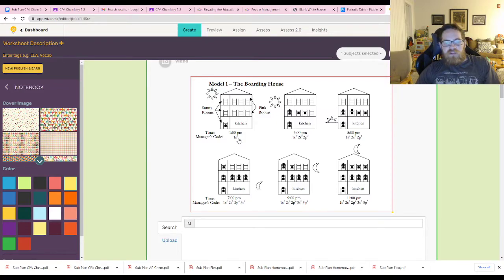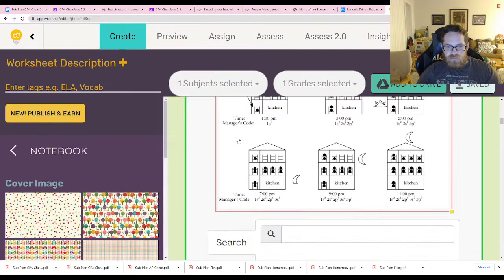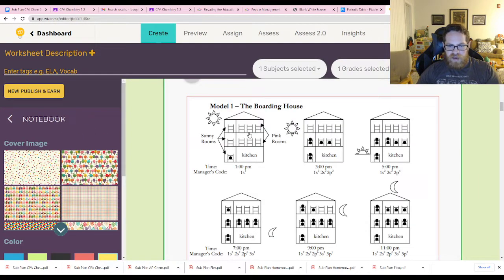Let's look at each of these. First, we have one person in the first floor sunny room. It can hold 2 people all together. And remember, this is a boarding house, so it's not like a hotel. The sunny room has a bunk bed that can hold 2 people.